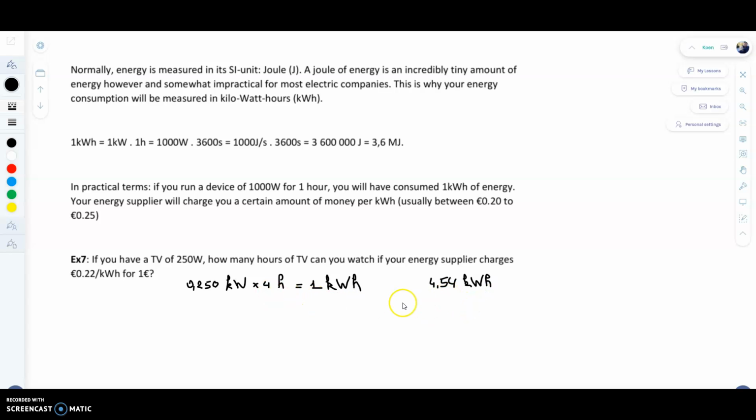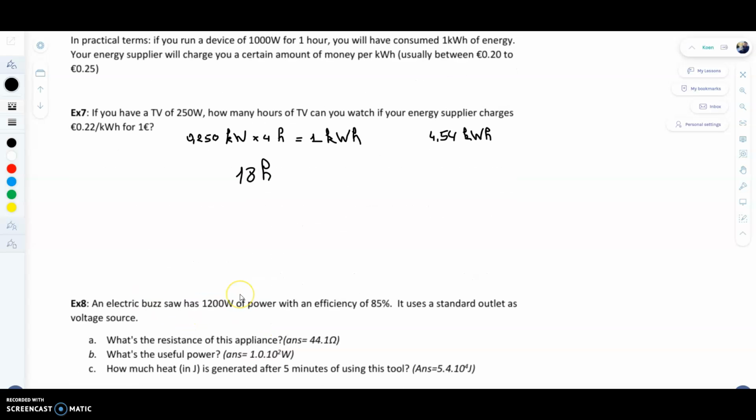If you multiply both of those, you will end up with, quickly type this in, about 18 hours. So that's a very quick calculation for, okay, if I buy a TV, it's 250 watts. I can actually calculate very quickly how much it would cost me to watch TV in this case.